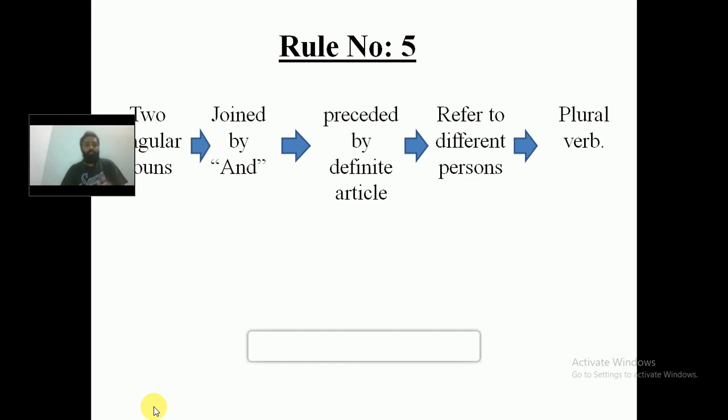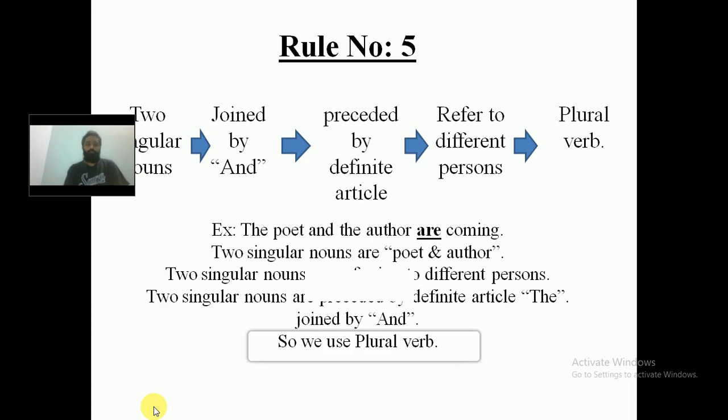So once again, two singular nouns joined by the word and, preceded by definite article. And what is a definite article? That is the, referring to different persons. We are not referring to the same person, we are referring to different persons, so it has to be a plural verb. Let's go through an example.